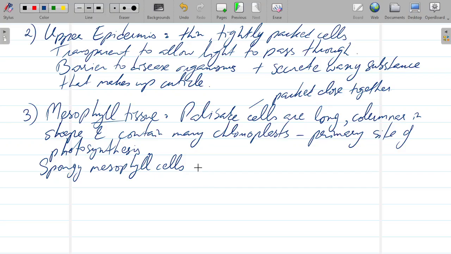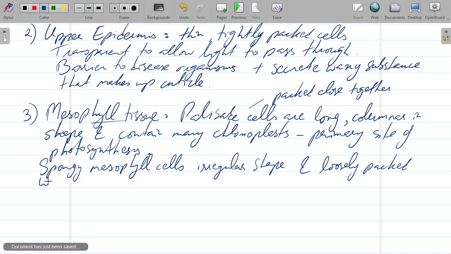The spongy mesophyll cells don't have any regular shape and are loosely packed with air spaces in between them. Right, and they also contain chloroplasts.